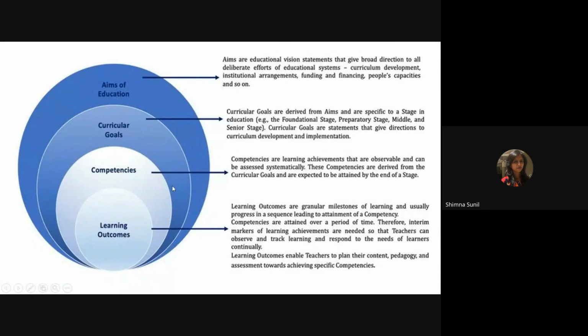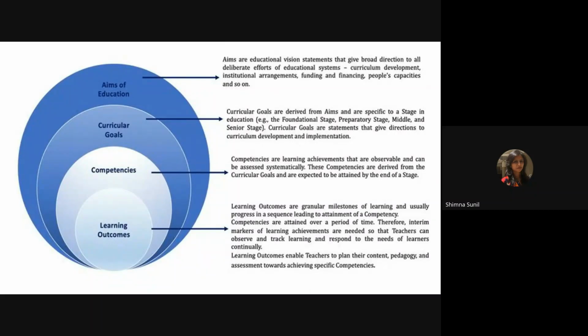So this is how the NEP has broken down the aim of education, and finally we reach the learning outcome. This is the enduring understanding I want to give to my child: that any inference or reference the child takes, the child should be able to debate upon it. The child should be able to argue and present his point of view.